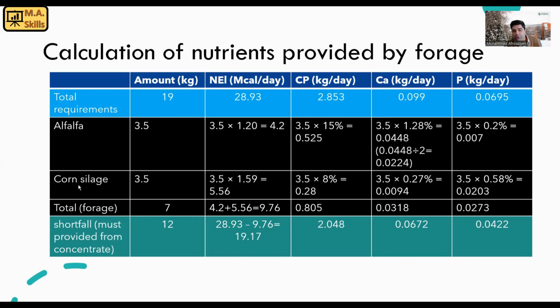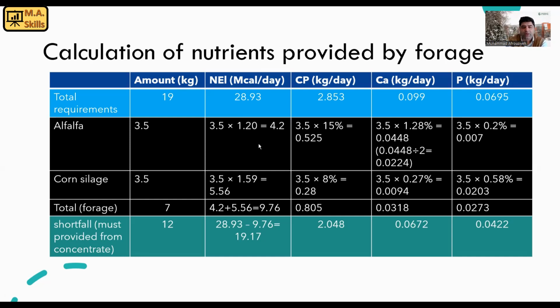But as I showed you, our corn silage has only 35% dry matter. And the rest of that, 65% is the moisture. We need to account for that moisture at the end of the day by converting the units from dry matter to as fed basis. So at the end of the day, we will see the actual amount of corn silage is much greater than 3.5 kilos that we are talking about based on dry matter.